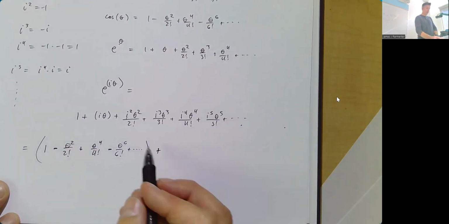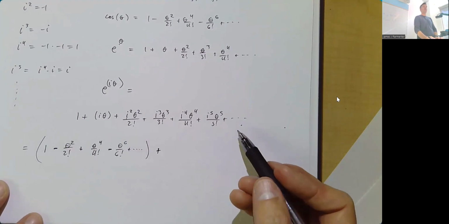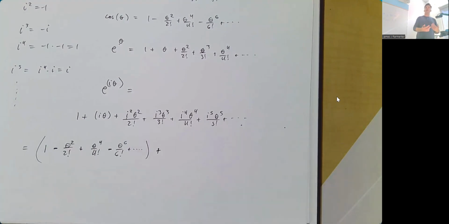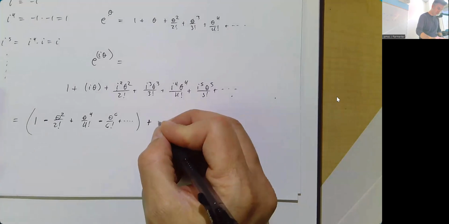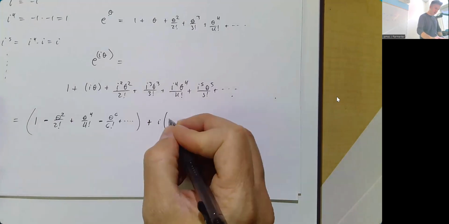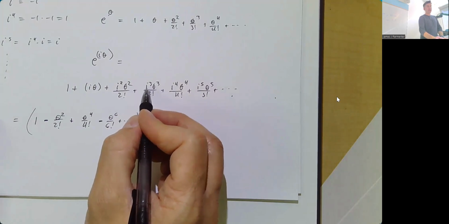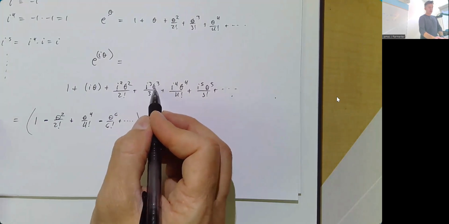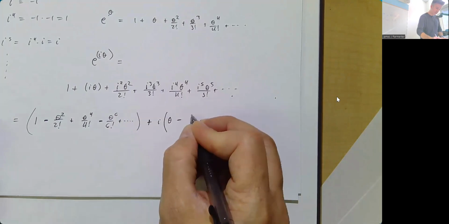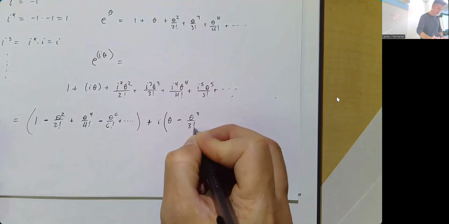Plus, from all the other terms with odd powers of i, I'm going to factor out an i. So when I do, I'm left with theta here. I'm left with an i squared, which is -1, times theta cubed over 3 factorial.